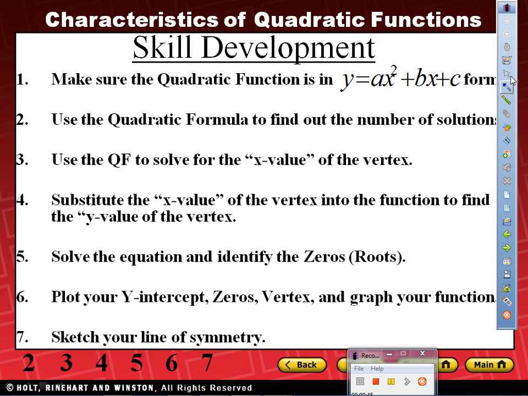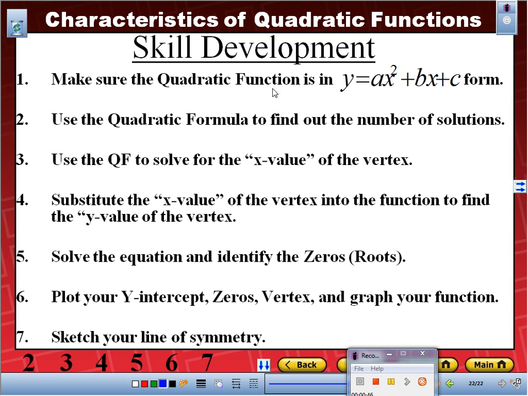So from our steps, things to point out: it says make sure the quadratic function is in this form, and this form is called standard form. So when we get to the very first part of solving or graphing, make sure we leave it as standard form, okay?